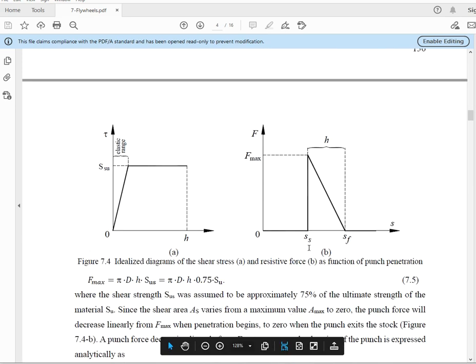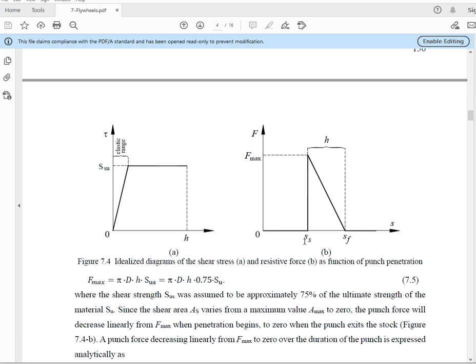So if you choose when the punch starts and you have the thickness, you can find when the punch ends, and the punch force will have the equation of a line that goes through the point F max at start of punch, and the end of punch at zero force.